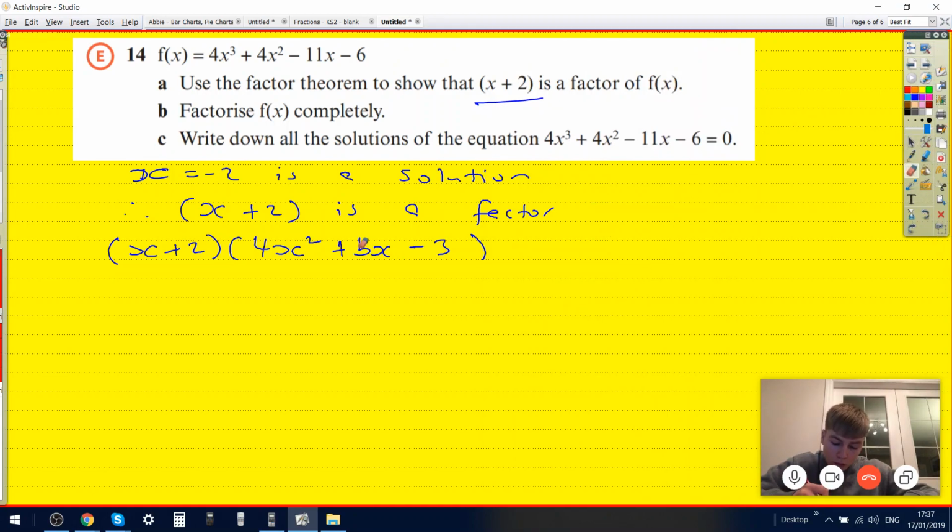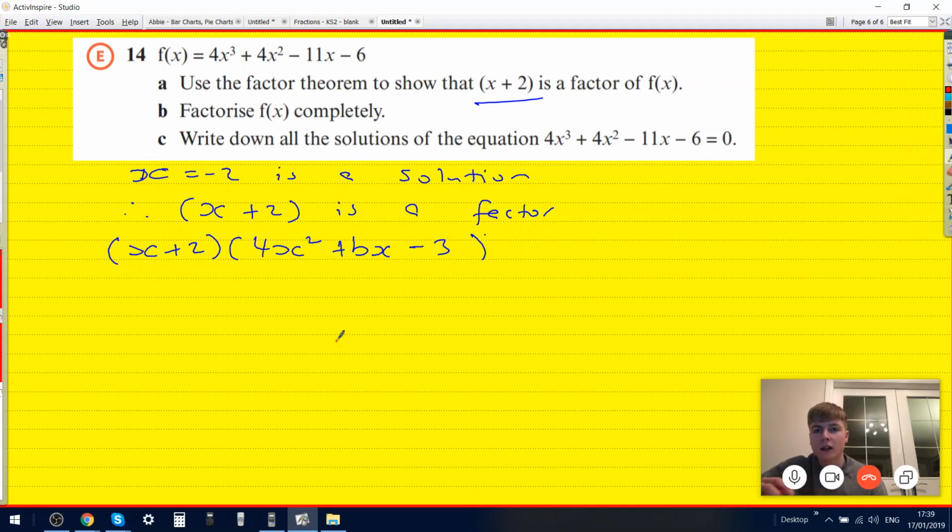So this one is bx. When you expand these brackets, how would you get an x squared? What times what will give you an x squared? x times x. So where is there an x times another x?